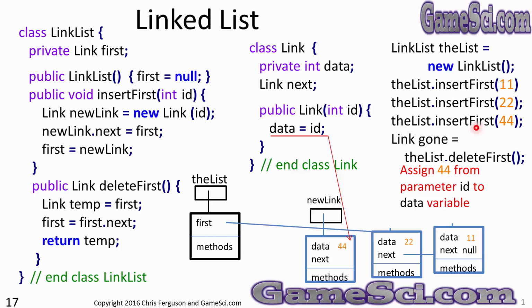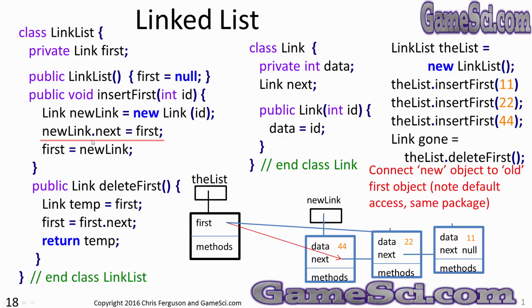Insert the first object 44 into the linked list, and you can kind of see that it's going to go at the beginning of the linked list. I'll say newLink.next equals first. That's this blue line right there that was created by this line of code. First is a reference to the object containing 22. I want newLink.next to reference that same object.